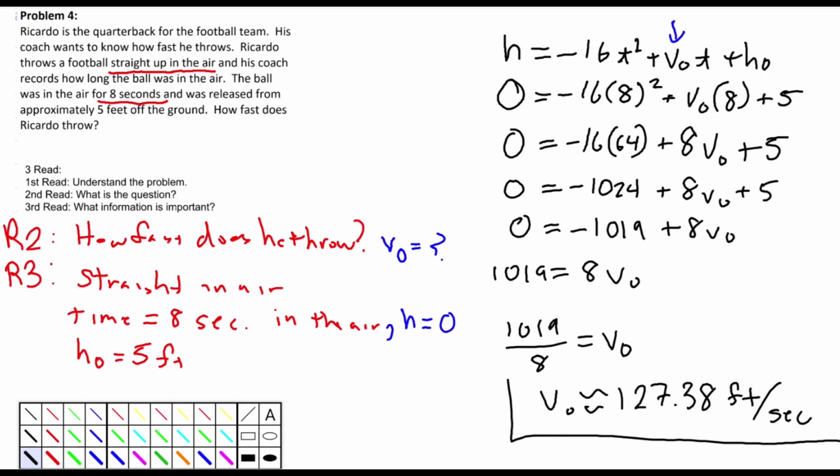That's how fast he throws. All right, perfect. So now, most of you are like, well, how fast is that? I don't measure anything in feet per second. So we're going to have Google help us out with this one, but that's the answer for this problem.